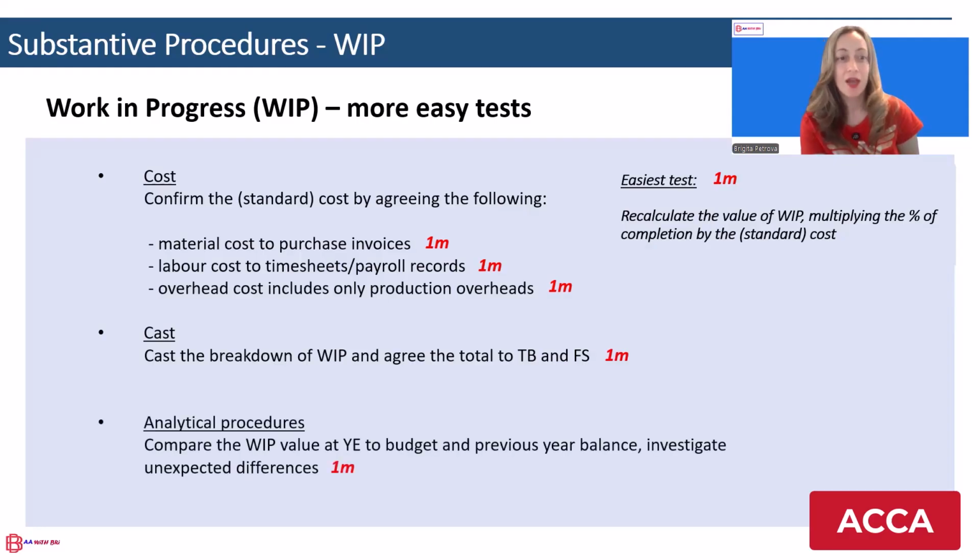That's another mark. We can also do analytical procedures where we compare this year's balance to last year, or this year's balance to the budgeted, or you can do both in the same test. Just don't have them as separate tests, okay? And then once you compare your this year and last year results, you investigate any unexpected differences with management.